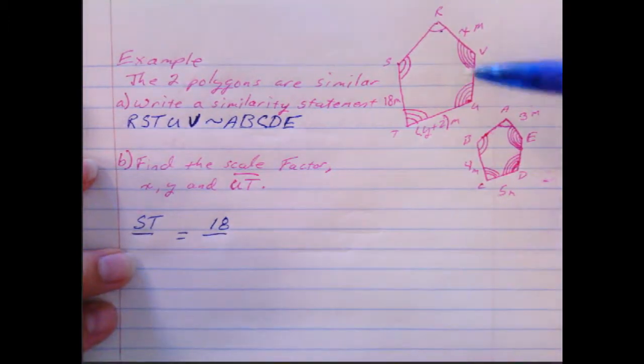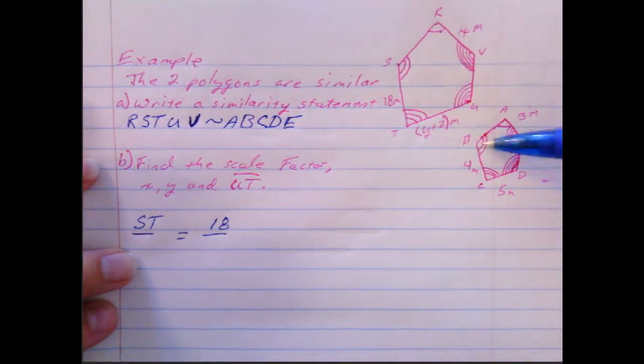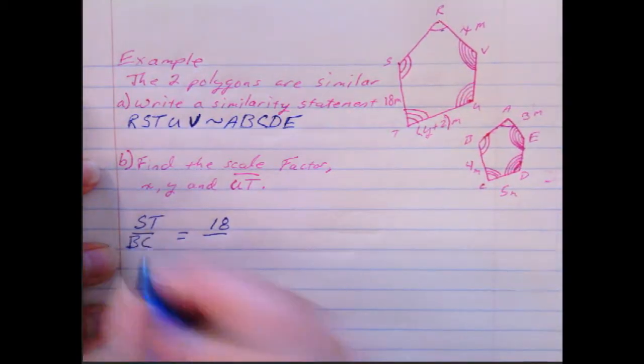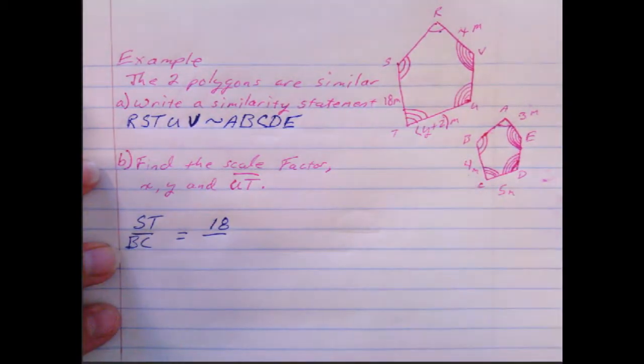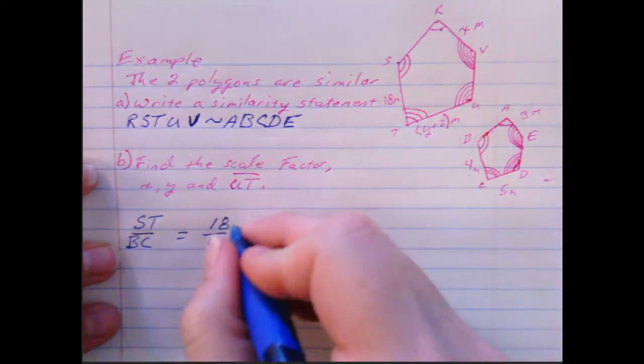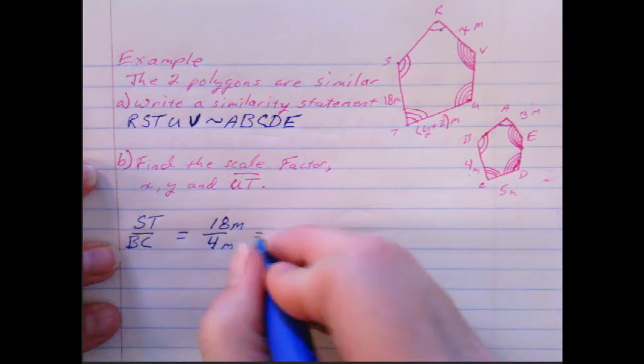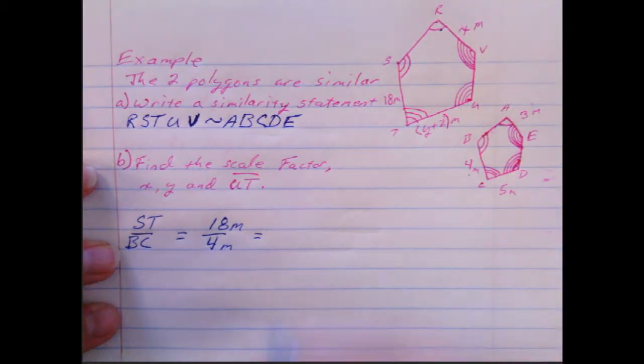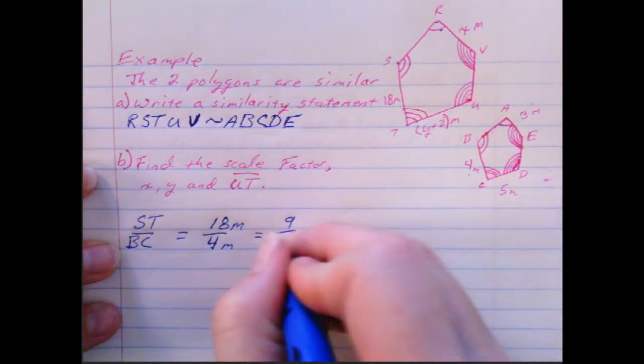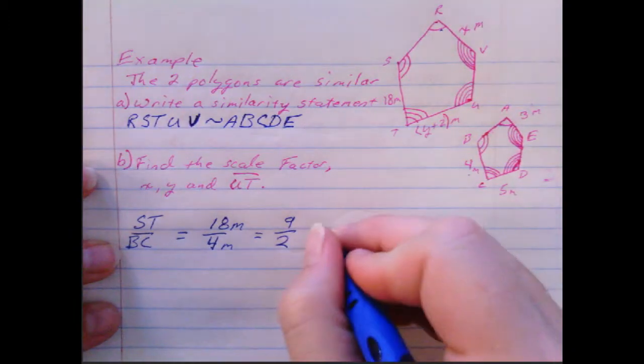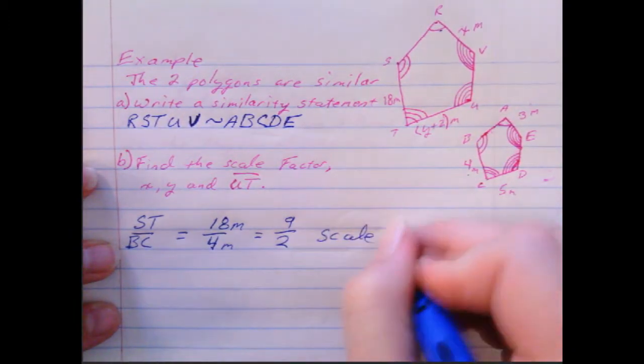And the corresponding side on the other shape is BC, and I know that one is 4. Both are in meters. Simplifying that, I get 9 over 2 as my scale factor.